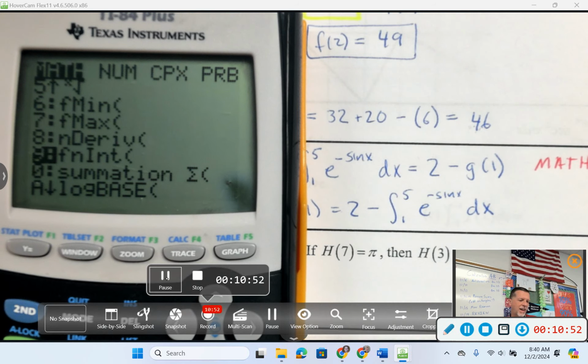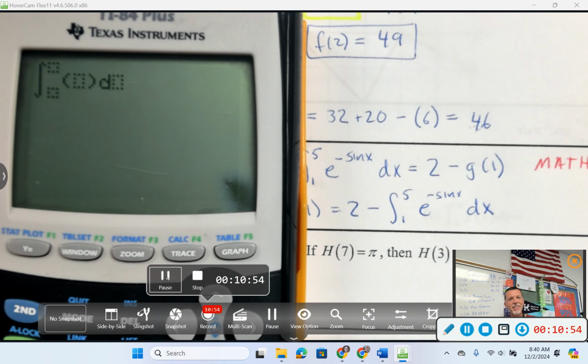Okay, Math 9. If you've got the latest operating system, which most of them are, but some of them aren't, it puts it like that, and so it's easy to know where stuff goes. If you pressed Math 9 and it just says FNINT with the open parentheses, you could learn how to put it in, but you'd probably be better to just grab a different calculator. Is that what you got, Ben? Can I see that calculator, though?